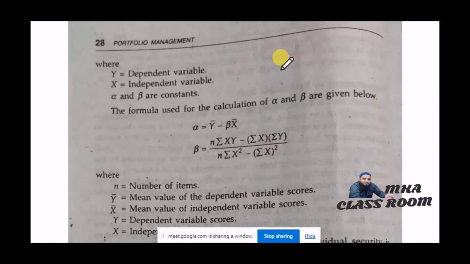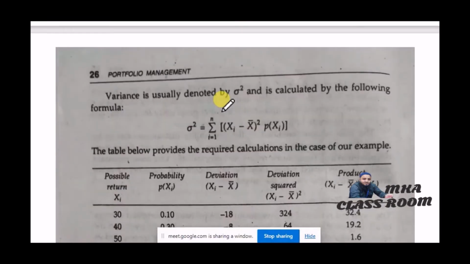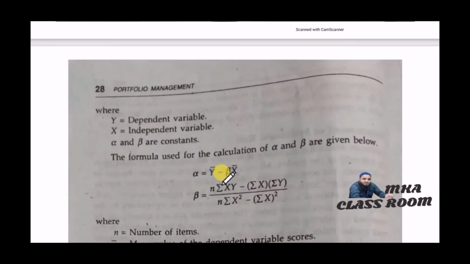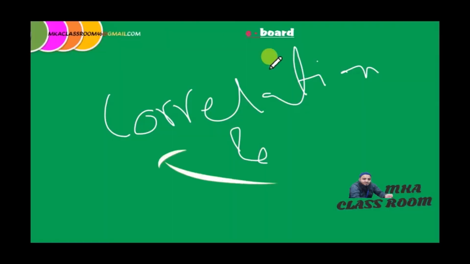Then we will see. Actually there is one page missing, page 27. So beta can be calculated in two ways: one is the correlation method, another is the regression method.